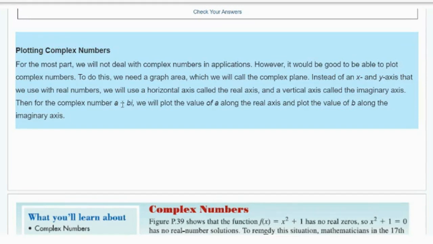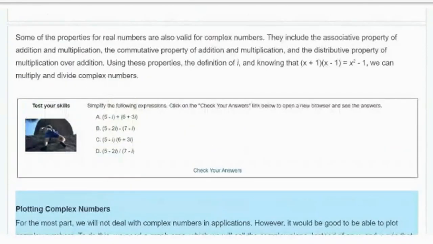So for a complex a plus bi, you put a on the real axis and b on the imaginary axis. We don't generally graph complex numbers, but you can look it up. You can Google a graph of complex numbers and see those three-dimensional type graphs of those a plus bi numbers.